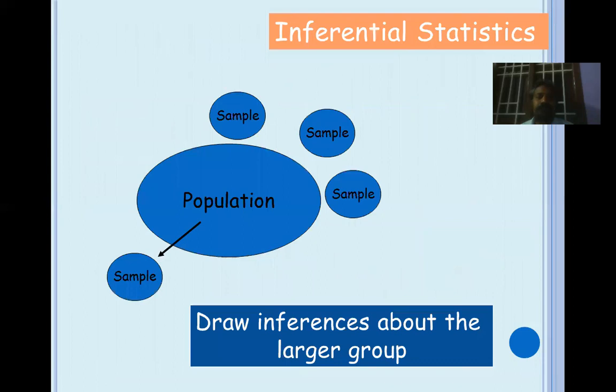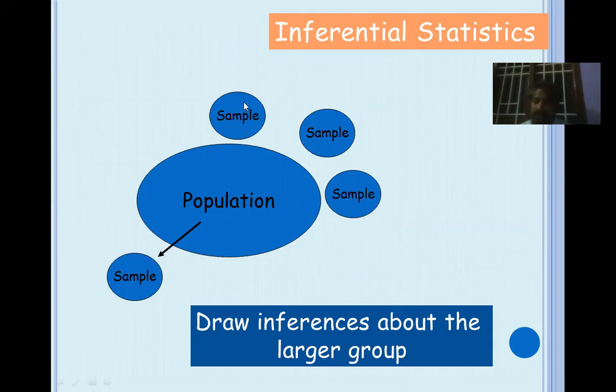Fine. Then what about inferential statistics? As I told you, descriptive statistics tells exactly what it is. But inferential statistics is something different. See, there's a big population. From the population, you take only a small sample of students or respondents for your research work.